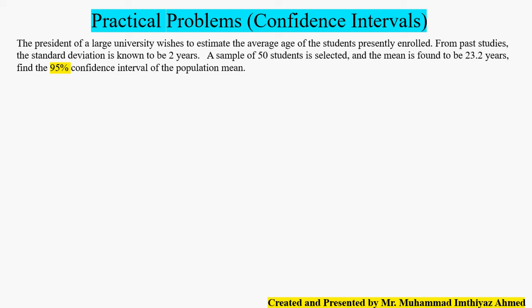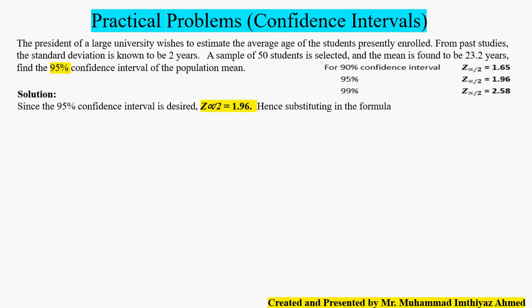What is a point to be kept in mind? I told you, whenever the confidence level is stated, either it is 90 or 95 or 99, we need to remember what Z alpha by 2 is. In this problem, since 95% confidence interval is desired, Z alpha by 2 is 1.96.